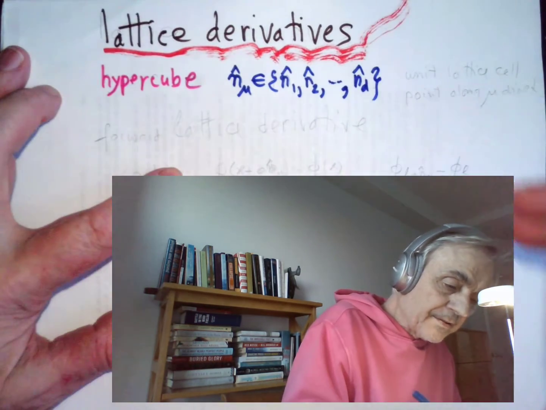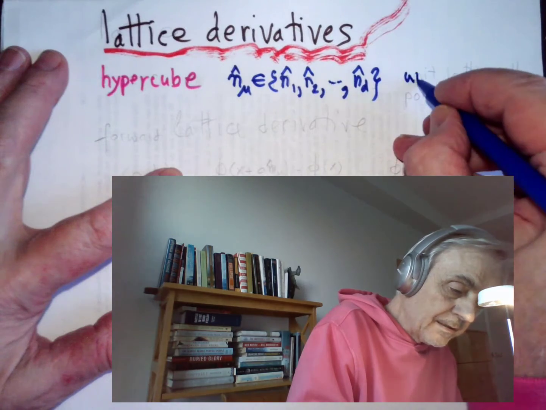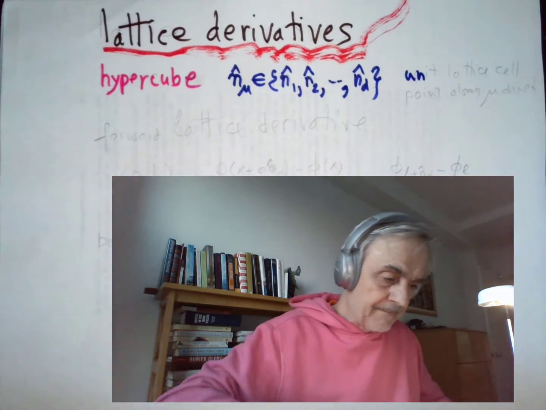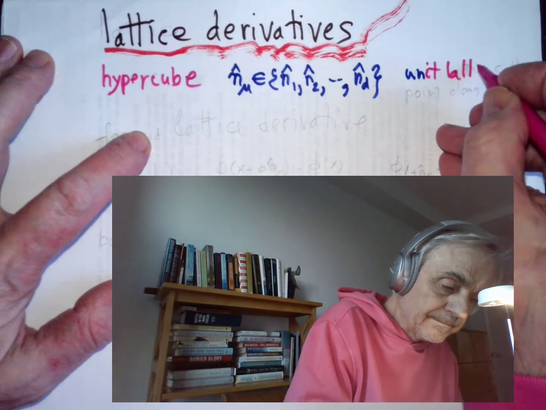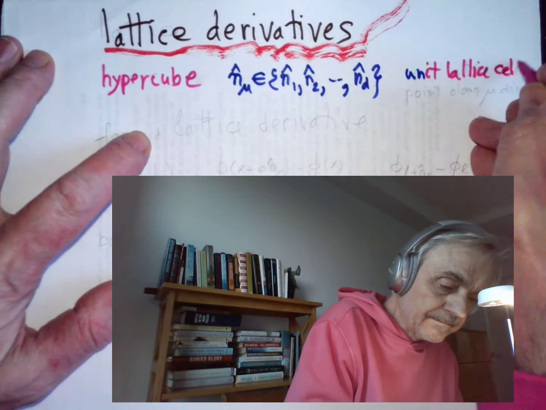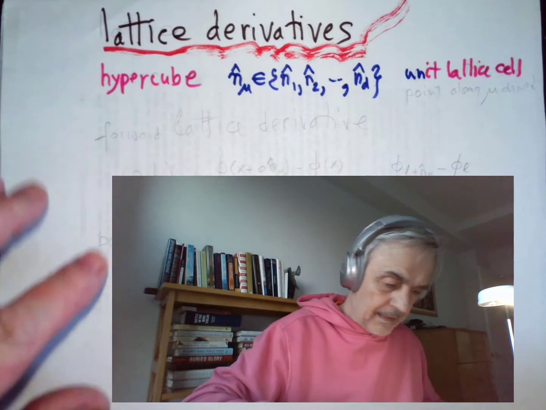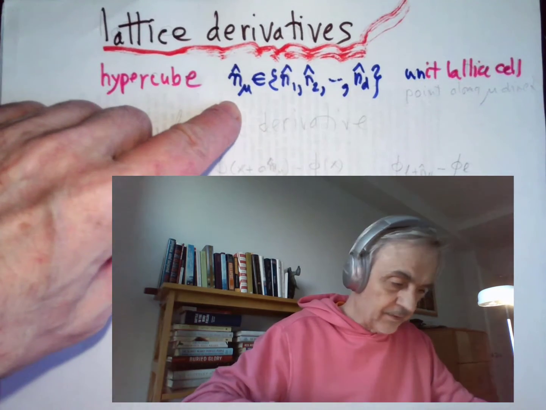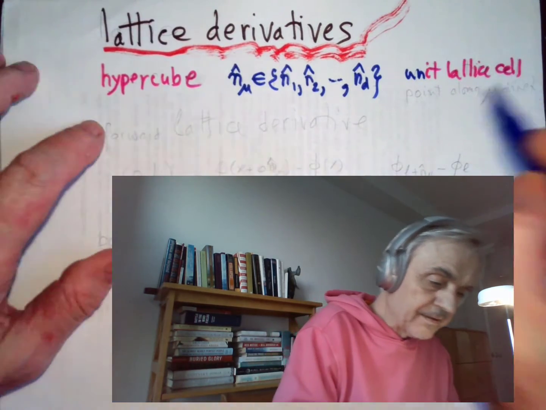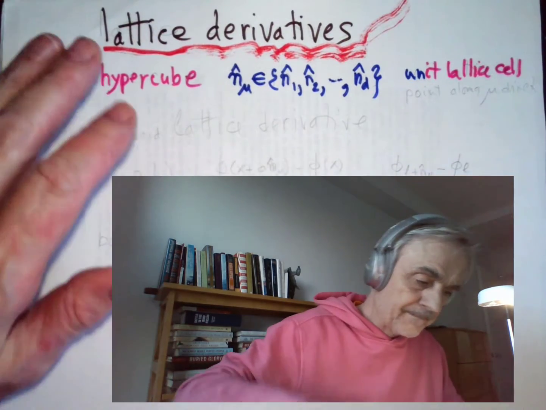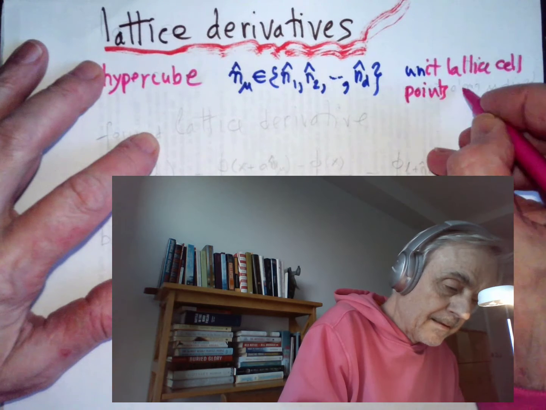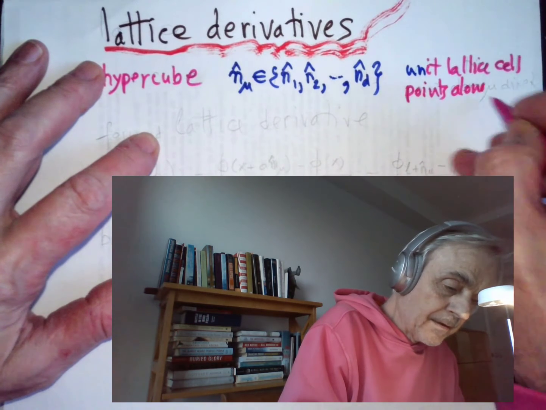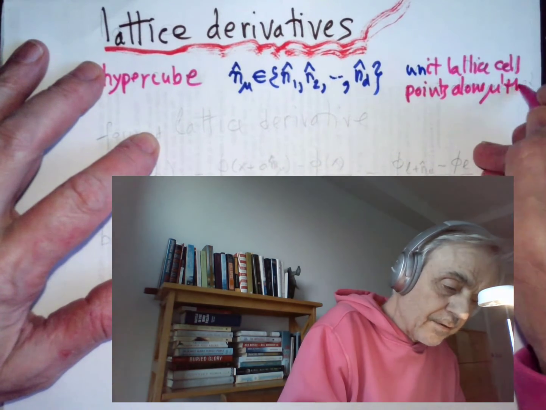And this is a unit lattice cell. And what this particular edge of the cell does, it points in the mu-th direction.